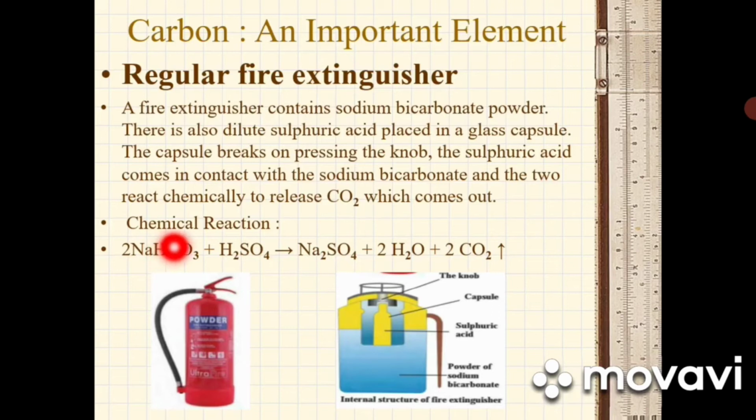The chemical equation for this reaction is 2NaHCO3, that is sodium bicarbonate, + dilute sulfuric acid H2SO4 gives Na2SO4, that is sodium sulfate, + 2H2O + 2CO2.